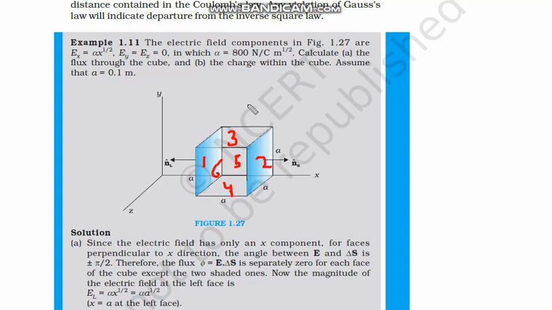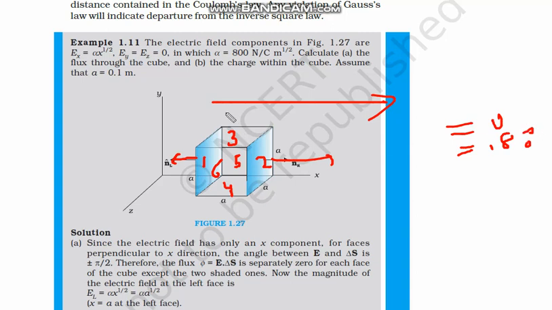What we see is that the field is in the x direction. So only faces 1 and 2, in the minus x direction or positive x direction, have either 0 or 180 degree angle with this E.